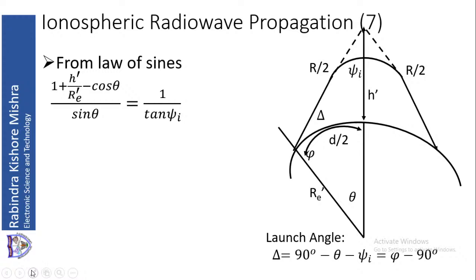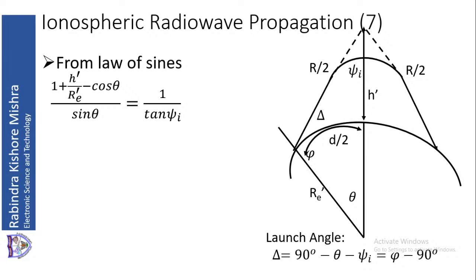That will be RE cos theta. Why will it be RE cos theta? From the RE dash point to the point where H dash touches the earth, if we take that portion as a line perpendicular to the H line, then this triangle is a right angle triangle.